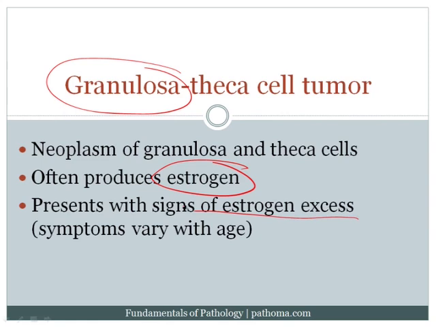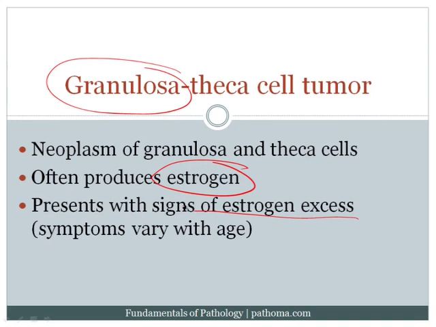Now, granulosa theca cell tumors can actually develop in infants or young children. They can develop in middle-aged women, and they can develop in older adults. If you get a granulosa theca cell tumor in a young child before puberty, then the child would present with signs and symptoms of precocious puberty, or early puberty.